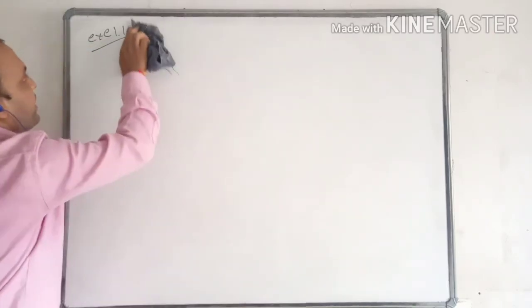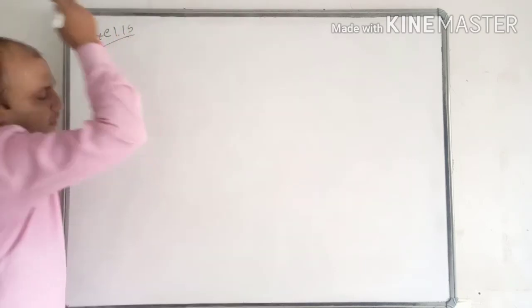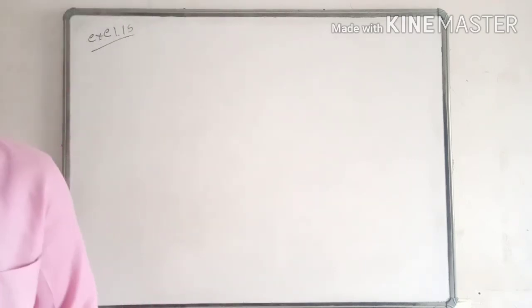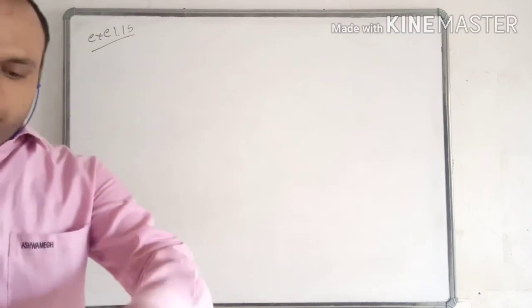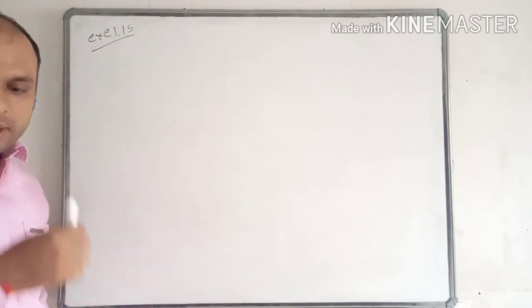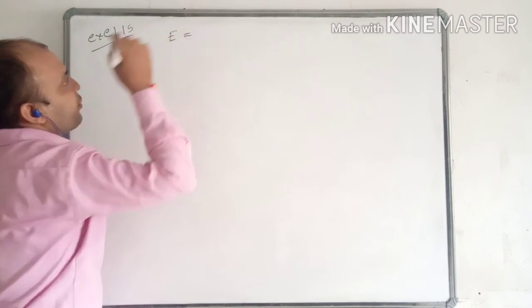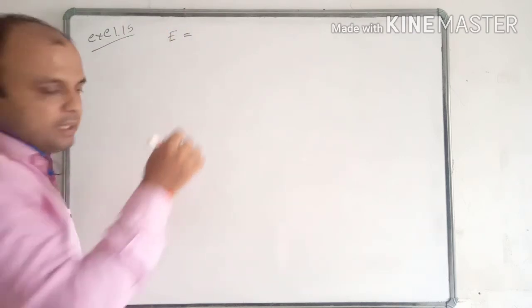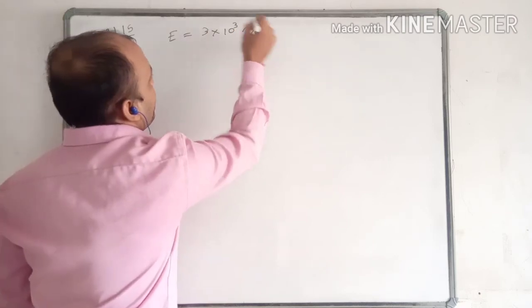Now we will see one point. Okay students, in 1.15 they give you the value of the electric field, that is 10 raised to 3 Newton per coulomb.